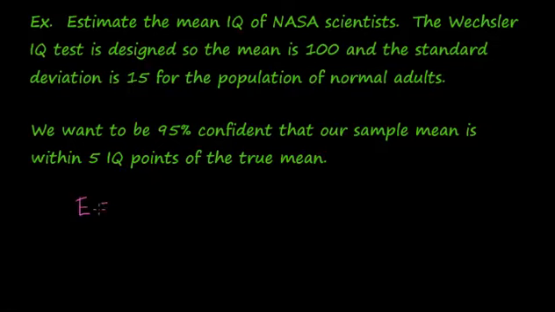Margin of error is equal to the critical value times sigma over the square root of n. This is the margin of error for the mean when sigma is known.